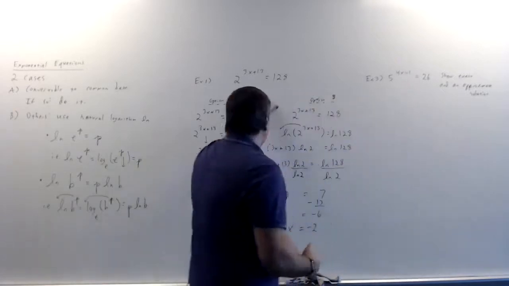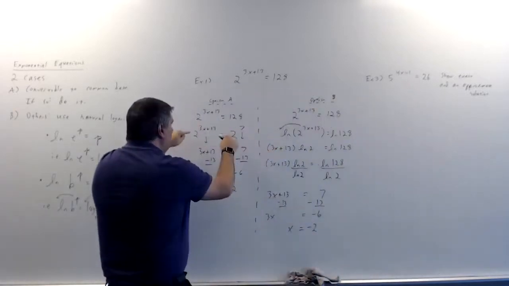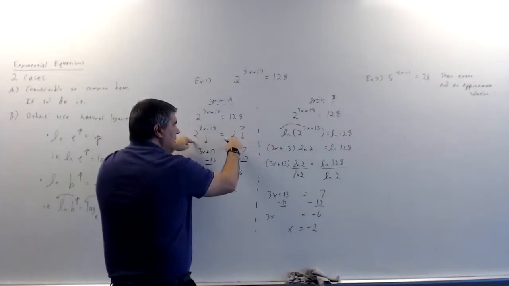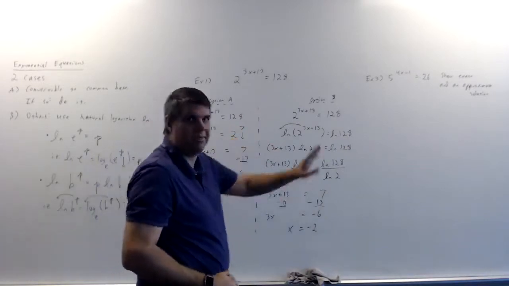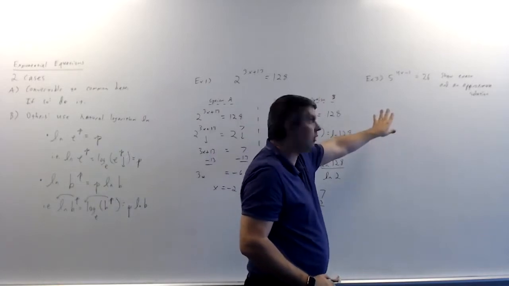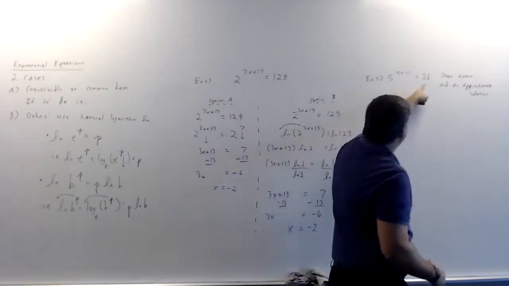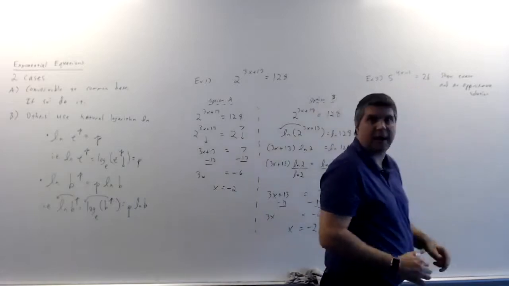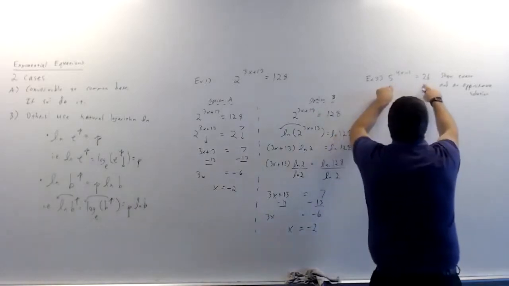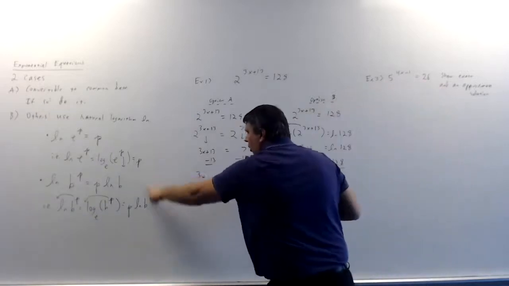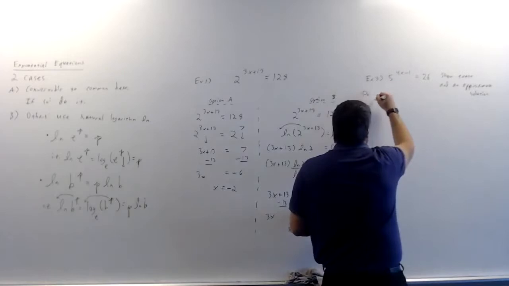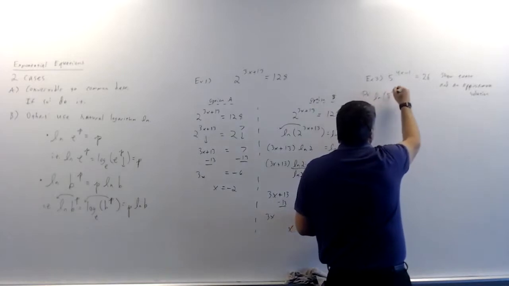Here we did, because both sides were convertible to a common base. Here, you can't do that conversion. We have to use logarithms because 5 and 26 are not powers of a common number. Because these are not convertible to a common number, we have to use a logarithm. All right, so we're going to do the natural log of both sides.